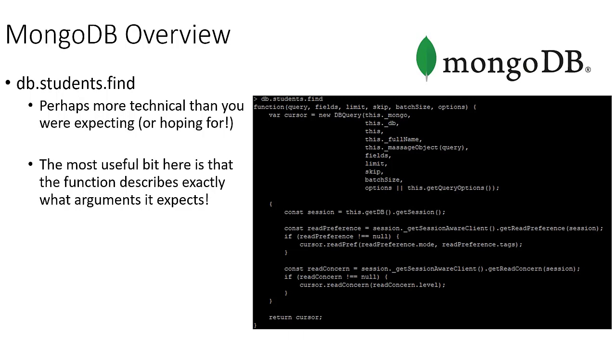And MongoDB will show us how the find command works. And then perhaps the most interesting and useful is that MongoDB tells us what arguments the function expects to have passed into it. So this is really a very valuable way to get a refresher on exactly how you need to interact with these commands.